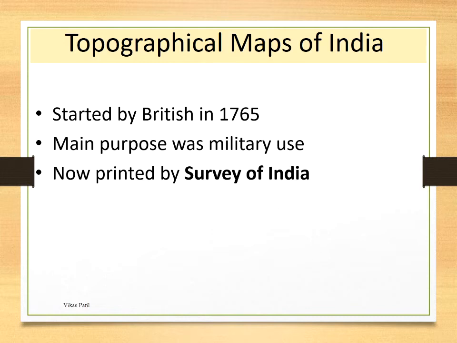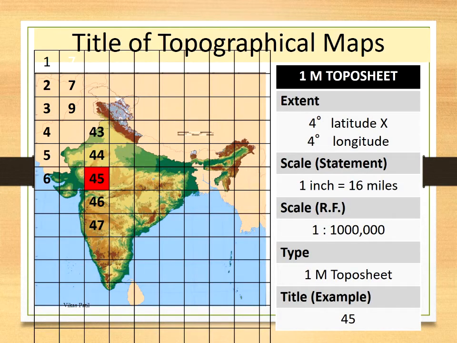To make the topographical map, first the Indian subcontinent was divided into grids of 4 degrees latitude and 4 degrees longitude. You can see here these grids cover an area of 4 degrees of longitude and 4 degrees of latitude, so a ground distance of close to 400 kilometers by 400 kilometers.